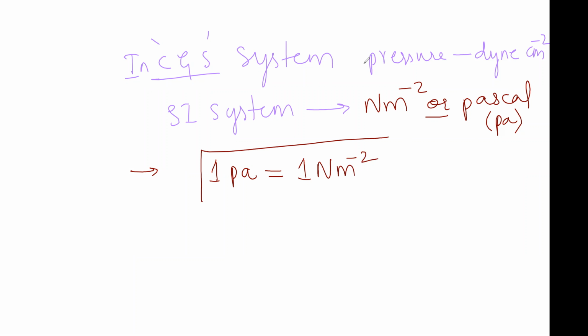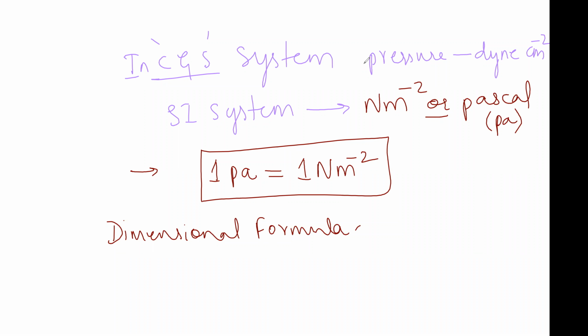Similarly, the dimensional formula of pressure is given in MLT form, as you learned in units and measurements: M L minus 1 T minus 2, because the SI unit is Newton per meter square, with time squared, length to the power 1, and M is mass. The unit of pressure can be measured in terms of Pascal.